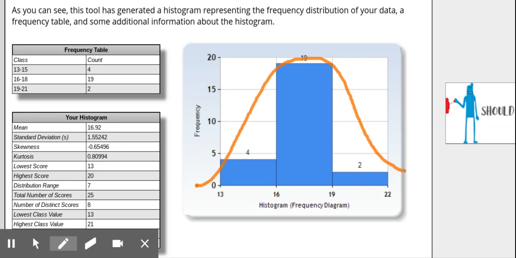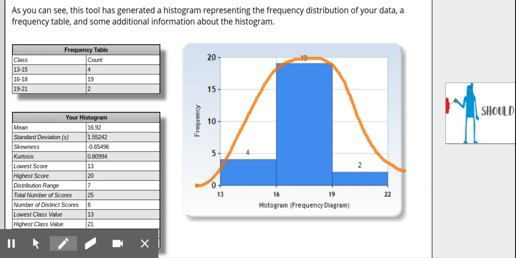If you look at the mean of the data, which is represented here, that would be a representation of the center of the data, as well as the median and mode.